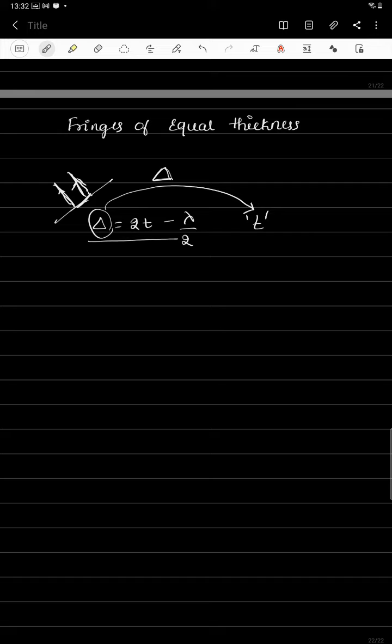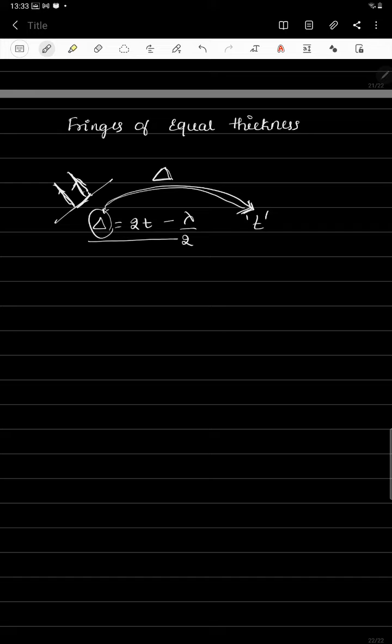Thus each maximum and minimum is a locus of constant film thickness. Therefore the fringes are of equal thickness. So only this optical path difference between the reflected rays depends on the thickness of the air film.